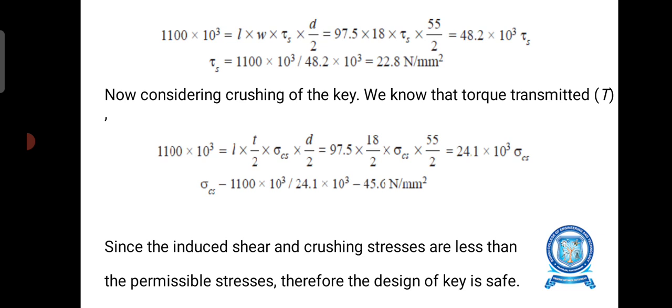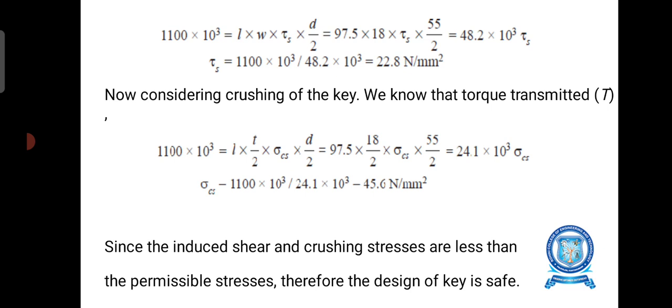Now considering crushing of the key, we know that the torque transmitted T equal to L into t by 2 into sigma Cs into d by 2. This is the suitable formula for that. We substitute T equal to 1100 into 10 to the power 3, L 97.5, small t equal to 18, small d equal to 55.